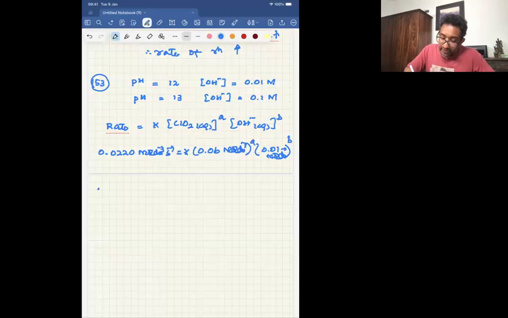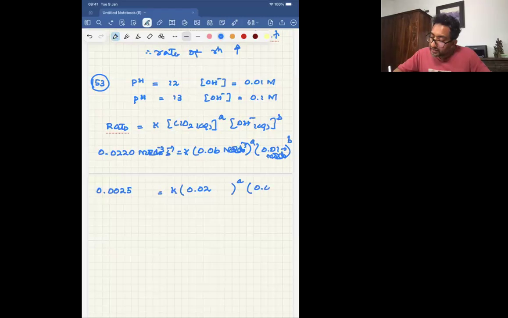Next one is 0.0025 is equal to K times concentration 0.02 moles per cubic decimeter to the power a, 0.01 moles per cubic decimeter to the power b.